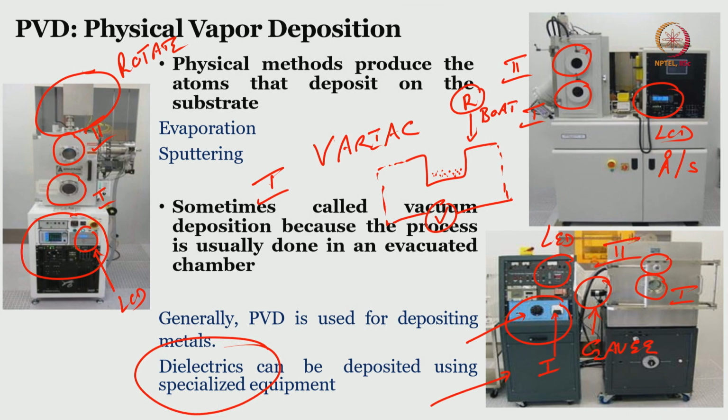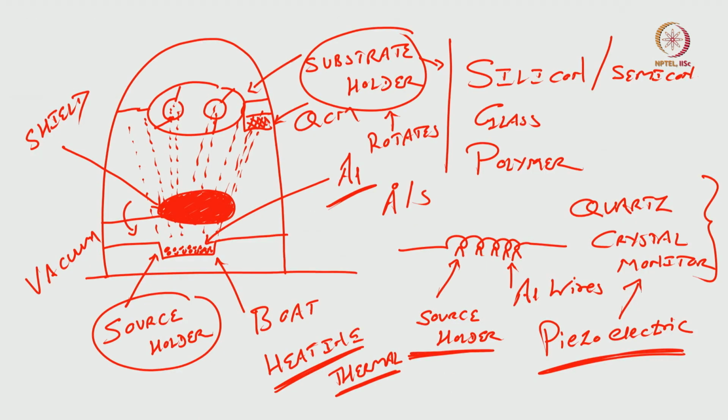The reason for rotation is to have a uniform deposition of the material onto the substrate. Easy? All right. So, more or less I have discussed the chamber, its vacuum pump, the gauges, the windows, LCD or LED displays, the variac, heating and other things.